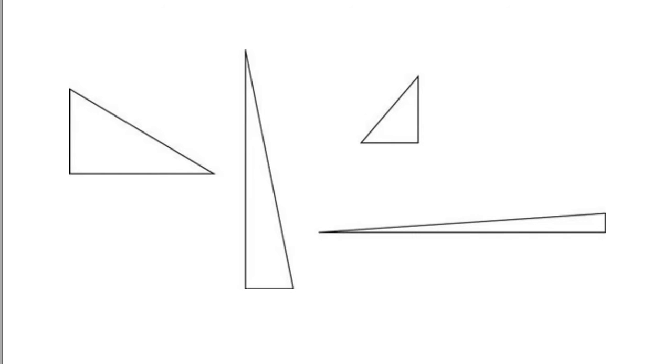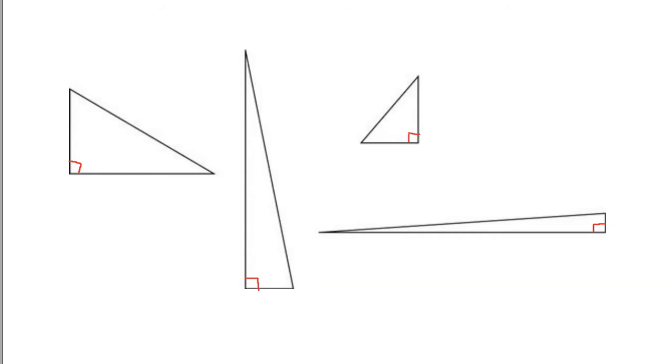So how do I know they're right triangles? Well, what I'm looking at is the fact that there's a right angle on each of these. If I come over to this one right here, there's a right angle right there, there's a right angle right there, there's a right angle right there, and there's a right angle right there.